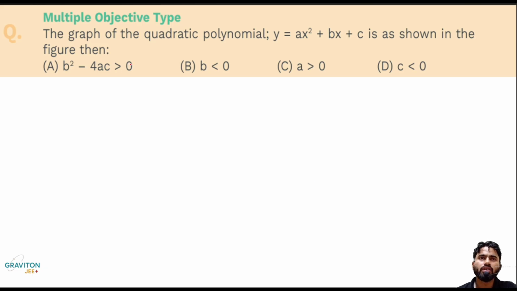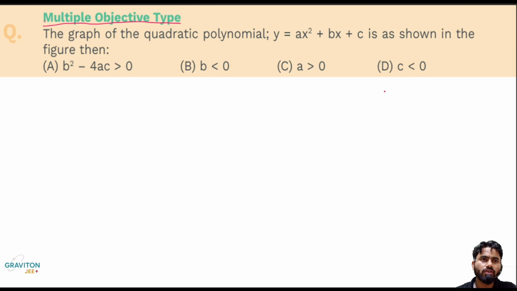Here is a question. You have to answer this in multiple objective type. This is a multiple objective type question, so multiple options are correct. In this question, you are given a polynomial. Now here the figure is not mentioned, right?